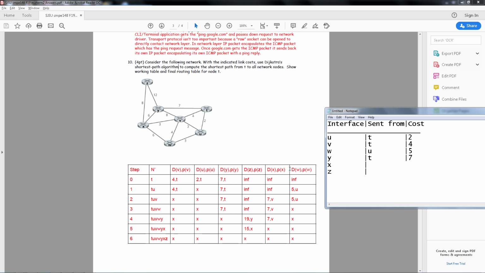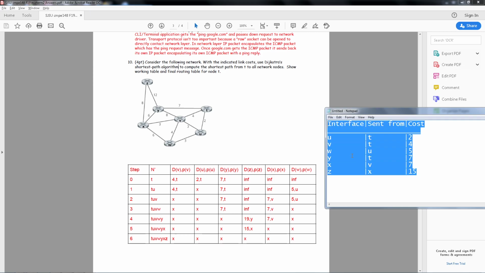And X right there, that's a 7 from V, and that is the cost associated with that. And Z is the final thing, so that's 15. Sorry about that. And that's basically what a routing table would look like.